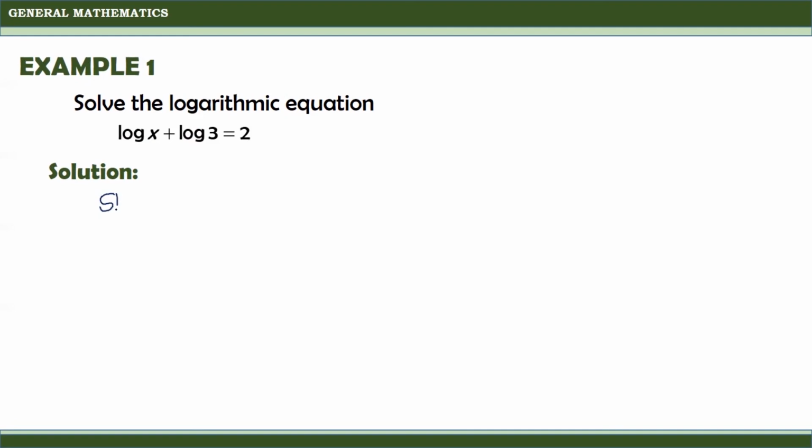As stated in step 1, let us express the given logarithmic equation into a single logarithmic expression. Notice that we have addition here, so by using property number 1, we will be multiplying x and 3. So we will have logarithm of 3x equals 2.